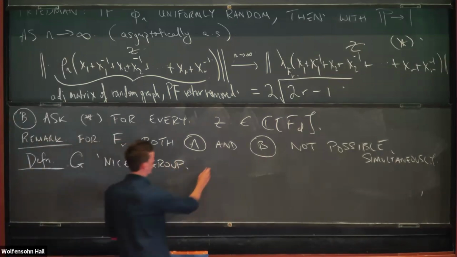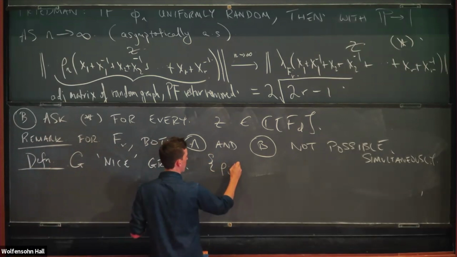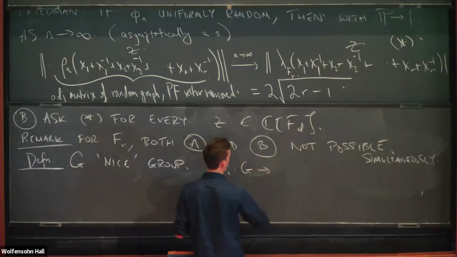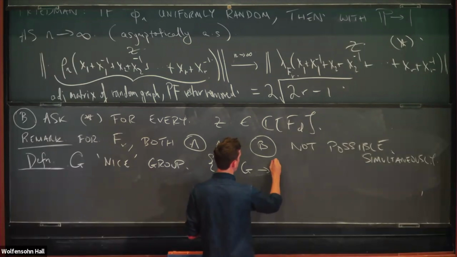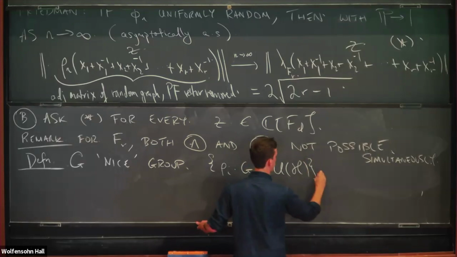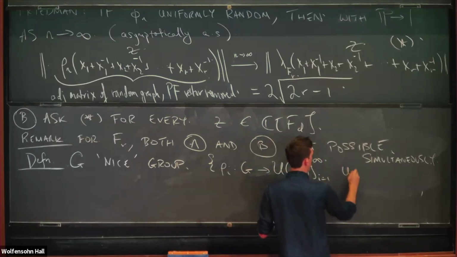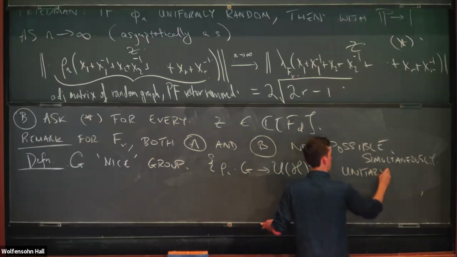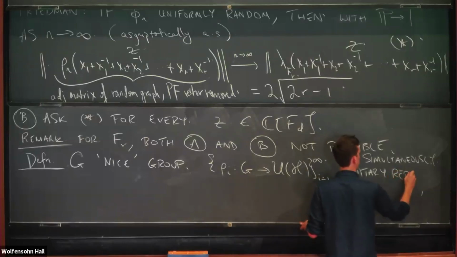So if I have a sequence, rho_i, which take G to the unitary operators on some Hilbert space, these are unitary representations. In this case, they were finite dimensional.